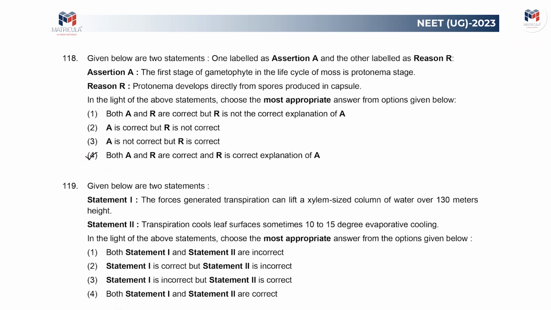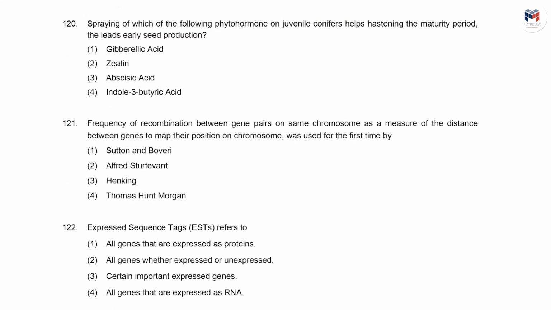The answer is option number 4. Both statement 1 and statement 2 are correct. Question number 120. Spraying of which of the following phytohormone on juvenile conifers help hastening the maturity period that leads to early seed production? The answer is option number 1, gibberellic acid.